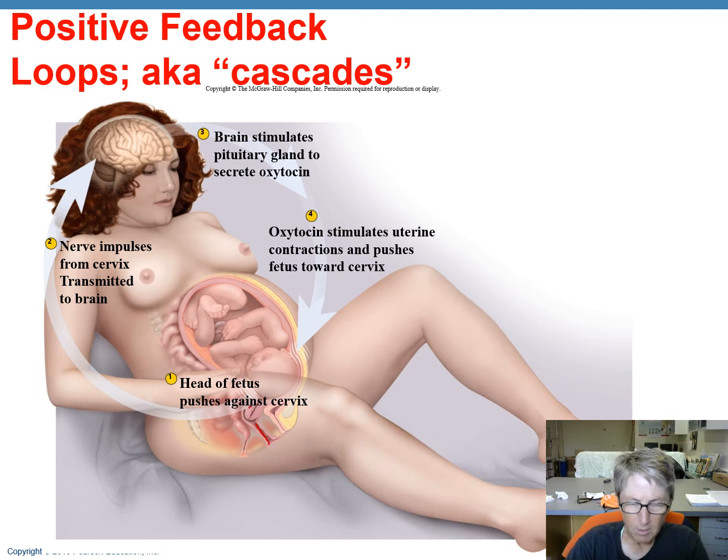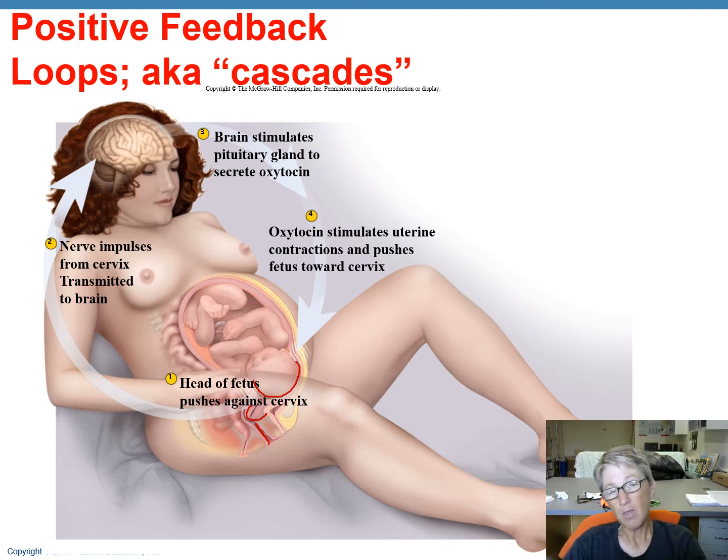Here's the cervix, and here's the fetal head pushing against the cervix. Now, what that does, there are neurons, or the nervous system has a component in the cervix that can send information to the brain to tell your control center, the brain, that the cervix is being pressed upon.